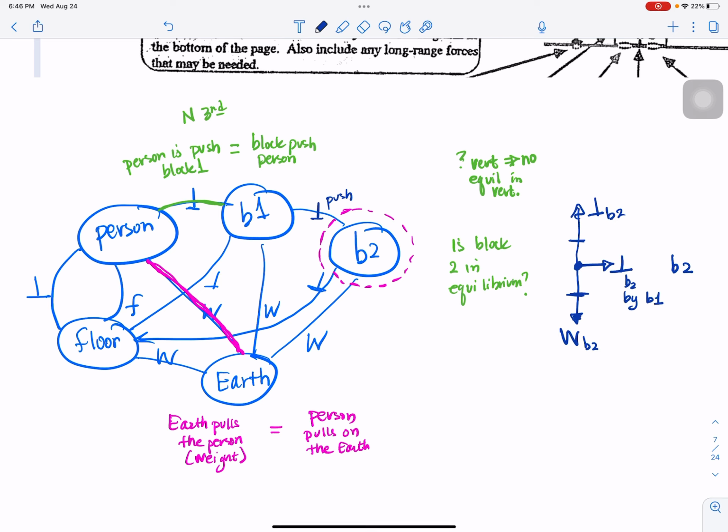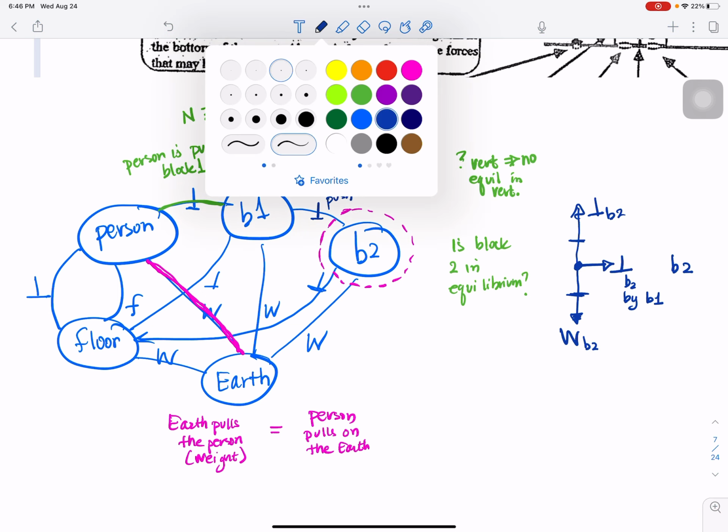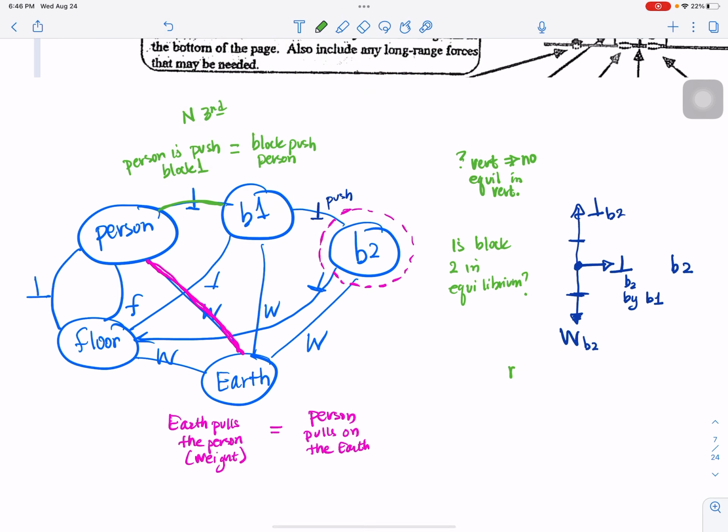When we see 3 forces like this, we know without question there's no equilibrium in the horizontal direction. Okay, so in the horizontal direction, I've got a changing velocity. And in the vertical direction, I've got no motion, so I'm in equilibrium.